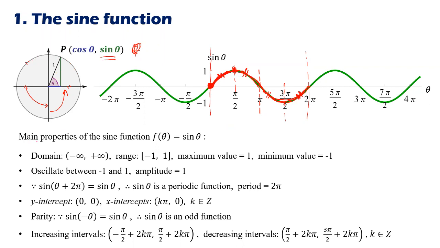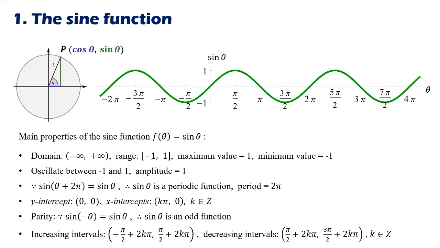Okay, so let's make a summary of the main properties of the sine function. f(theta) equals sine theta. But first of all, the domain of this function is -infinity to +infinity. That means there are no constraints to the domain.